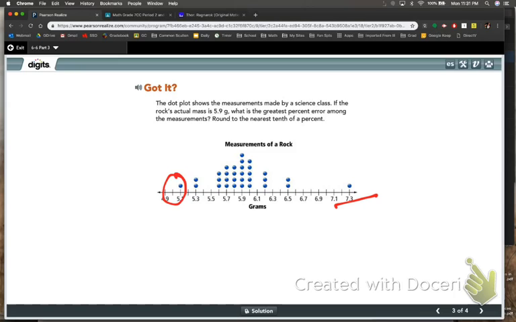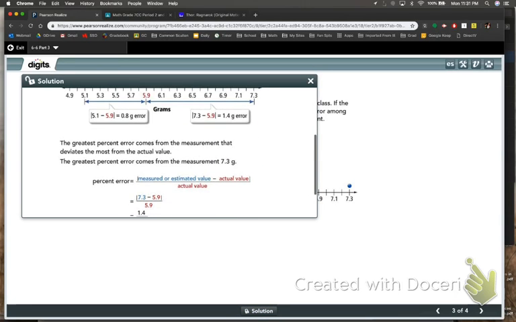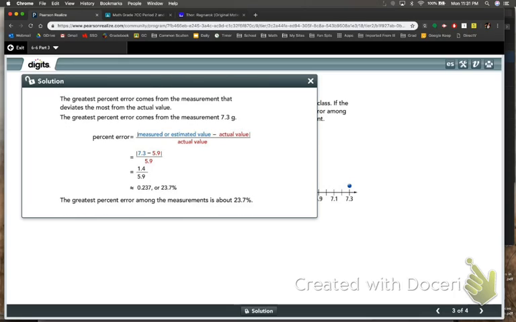You can just do the math, subtract, put that difference on top over the actual, and see if the calculator gives the answer. But the answers are here. It looks like the one at 7.3 should be more, and it's the same answer we had before. Okay, go ahead and get started on your homework, and if there are any questions, I'll be back tomorrow.